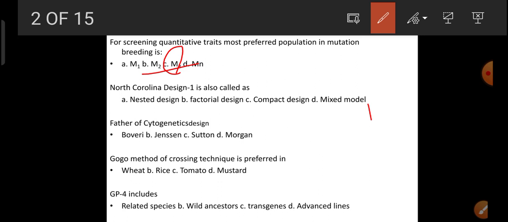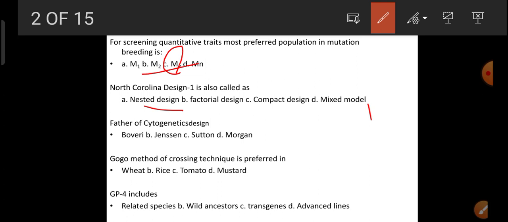Third question is North Carolina 1 design is also called as. North Carolina 1 design is a biparental mating design. It is known as nested design. Factorial design is North Carolina design 2, means North Carolina design 2 is also called as factorial design. Then let us see what is compact design and mixed design.